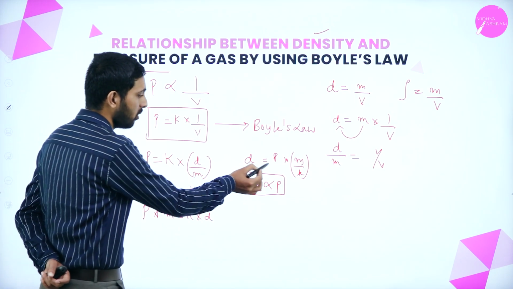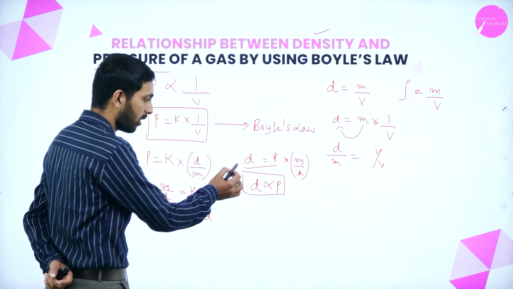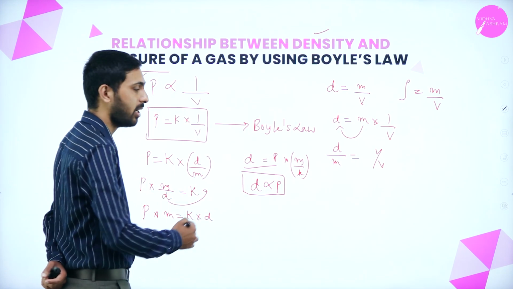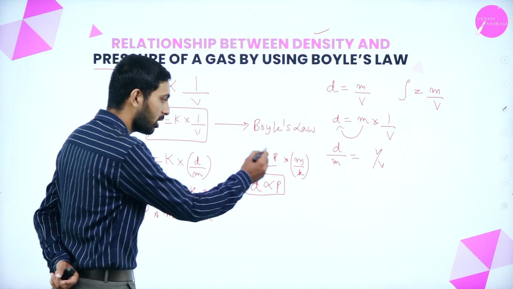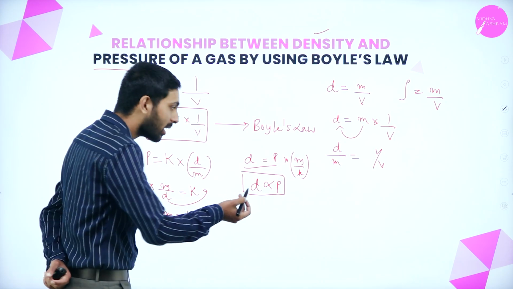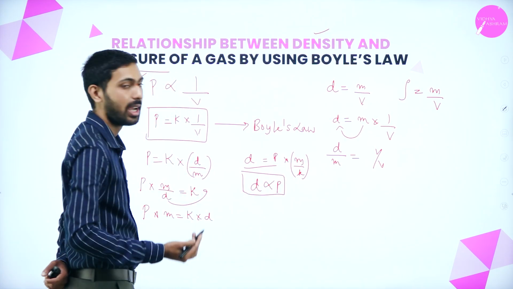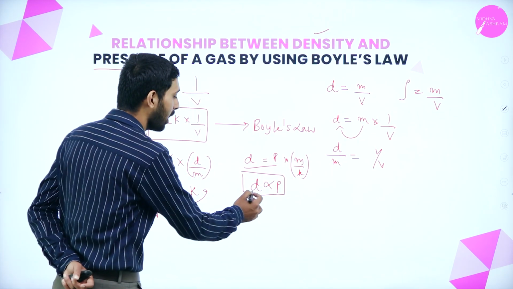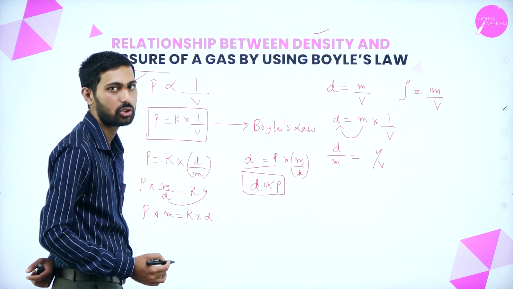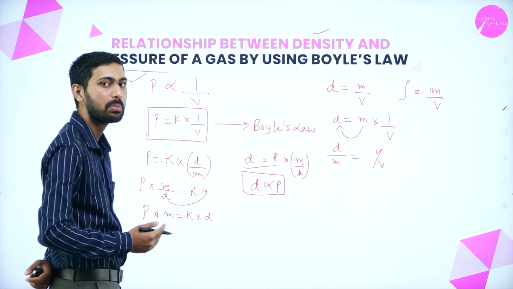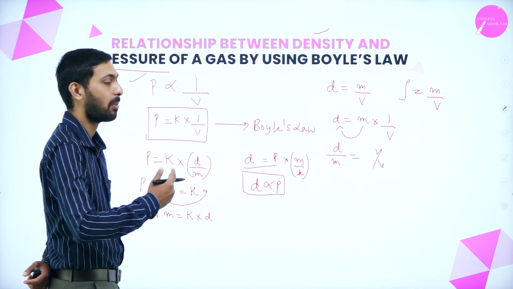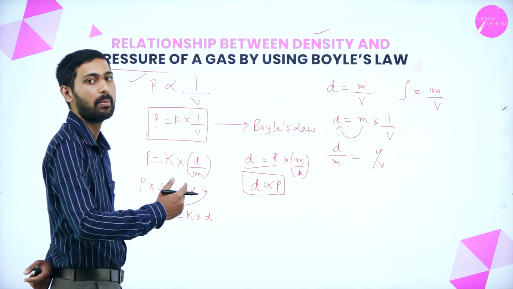So I have to relate this one. So I have taken density on the left hand side and pressure on the right hand side into M by K. If I consider M by K as a constant, then I can put D is directly proportional to P. This is the relationship between density and pressure of the gas by using Boyle's law.